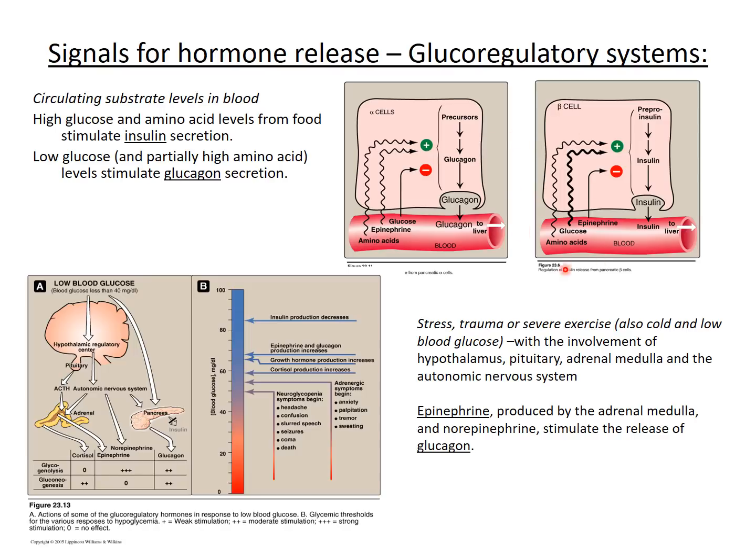So let's start with insulin. When we have eaten, the circulating amino acid and glucose levels will be high, and they are majorly the positive signals for insulin release. Epinephrine, a stress response hormone, actually stops insulin release from the beta cells.